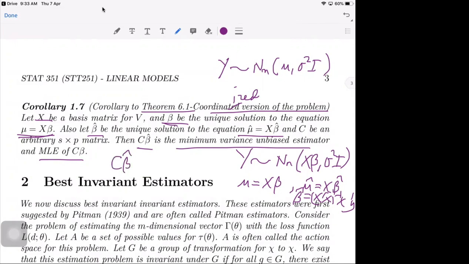So C beta hat is MVUE and MLE for C beta. Okay, so the result of this just follows from the previous result when we solve it in the projection approach, no?